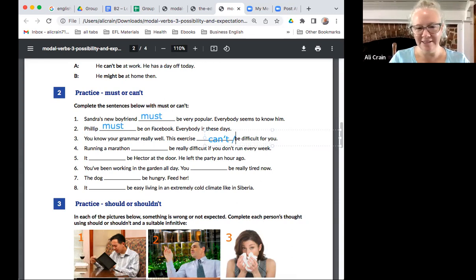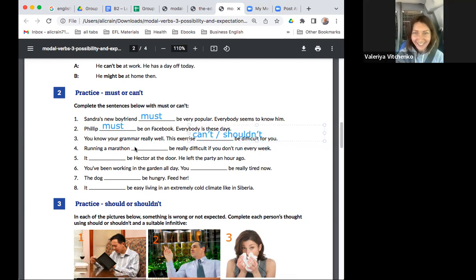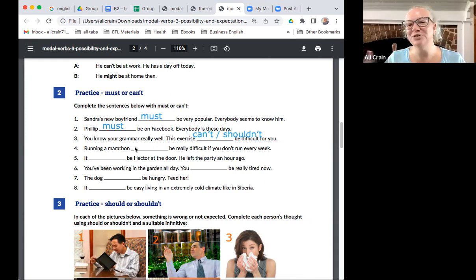Although I agree that shouldn't would fit better there. It sounds better in my opinion. But we have to use must or can't. This also kind of shows how language can be so frustrating at times, because you can use multiple ways of saying things to mean the same thing.